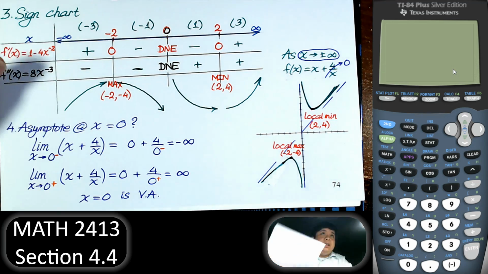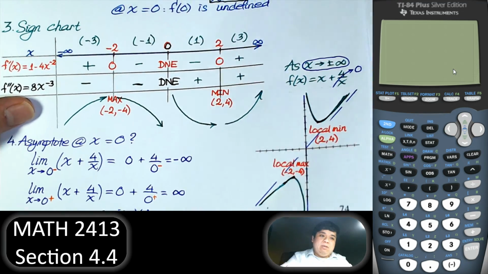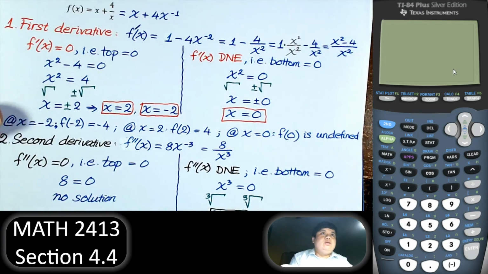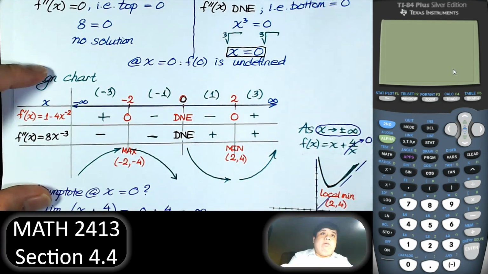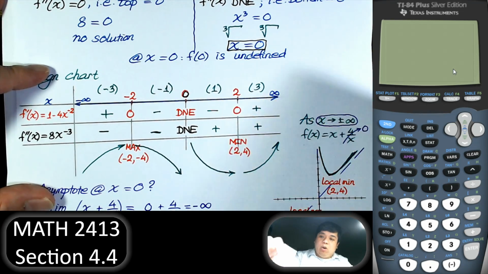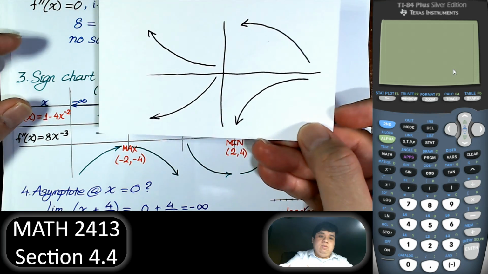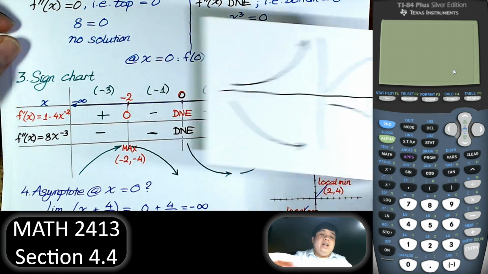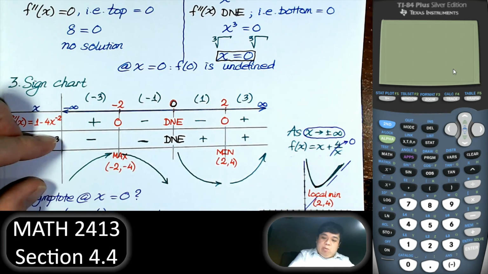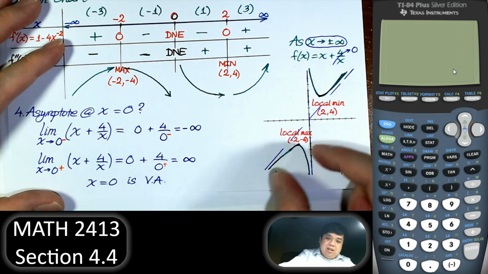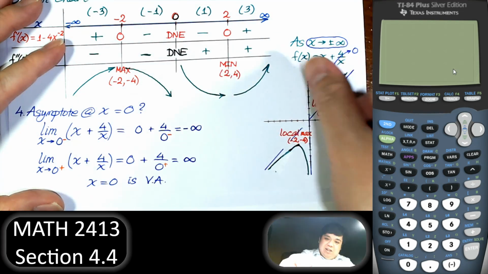So that's what we have in that problem. First derivative, second derivative, put all of that in the sign chart, and we know the graph will have to be one of those four. Then we can just copy and paste the portion, and then we have the graph. Copy that here.